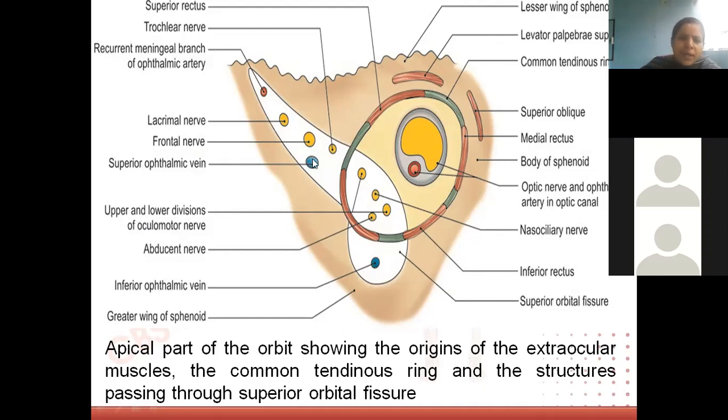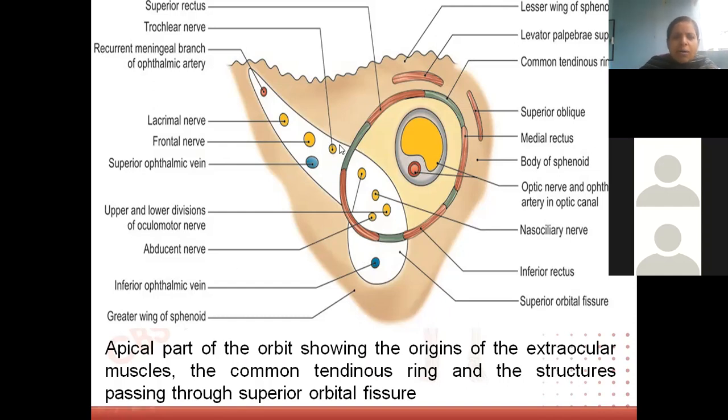Then apart from that, the fifth cranial nerve is trigeminal. Actually, the fourth, fifth, and sixth cranial nerves are all passing through this. So what is the fourth one? Trochlear. To make it simple, I will tell you like this: which cranial nerves are concerned with supplying the extraocular muscles? We have the fourth, fifth, and sixth cranial nerves.